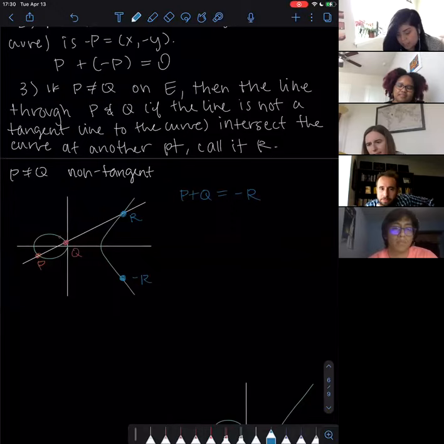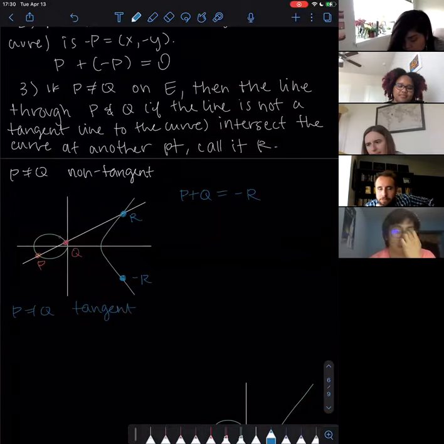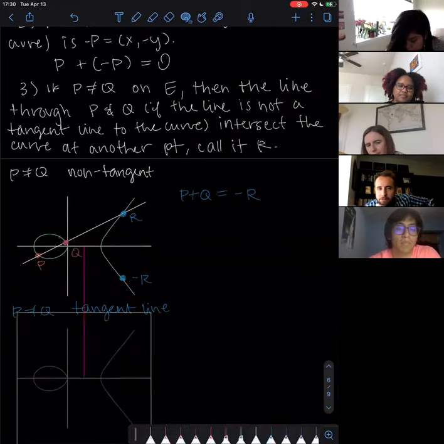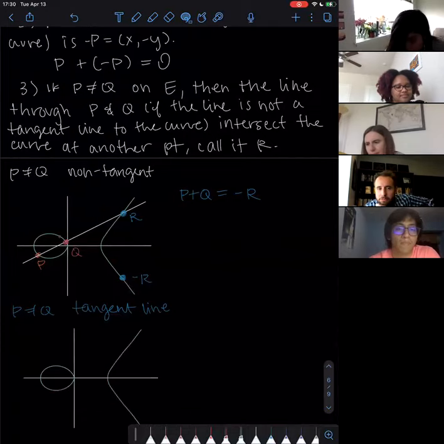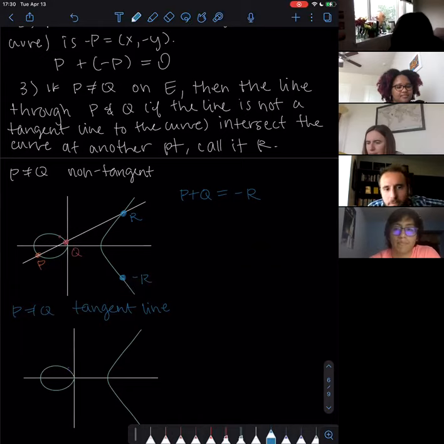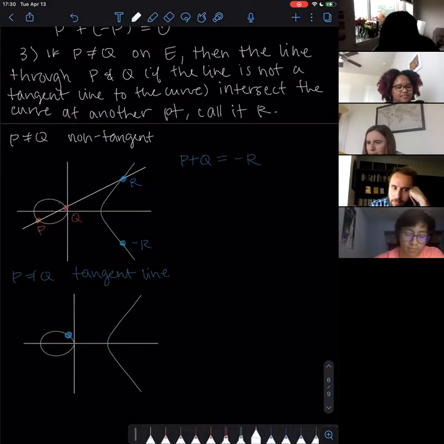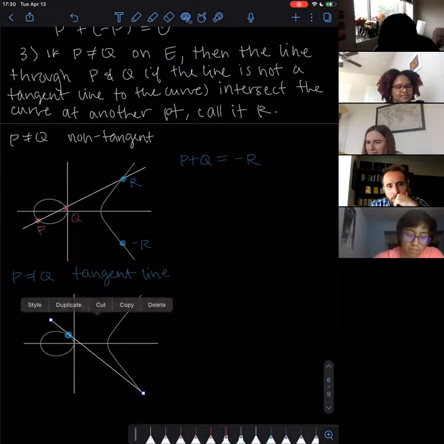Now, in the case that we have a tangent line, so still P not equal to Q, but the line through P and Q gives us a tangent line, we can think of this point here, and we'll look at the tangent line at that point. Something like this, right?